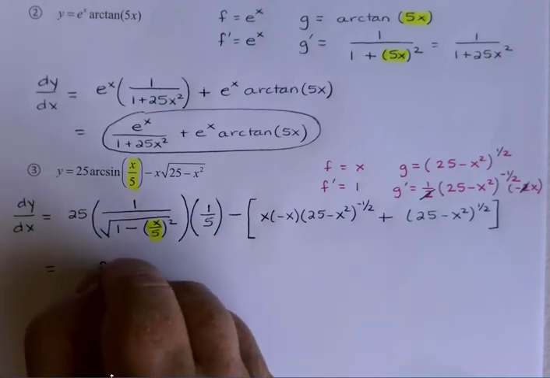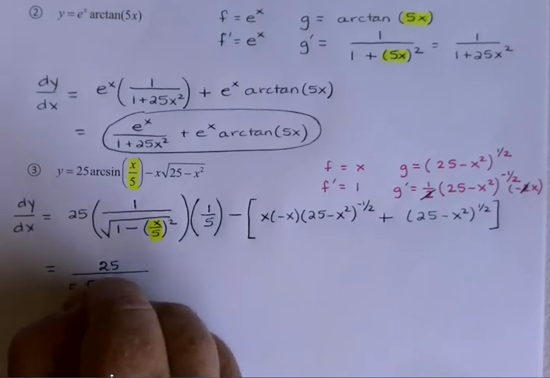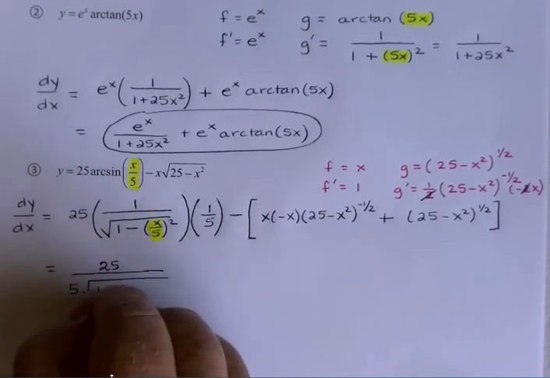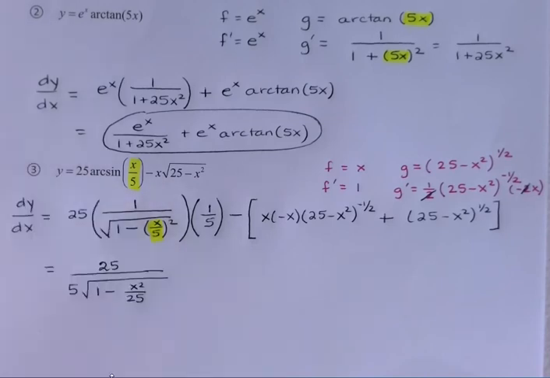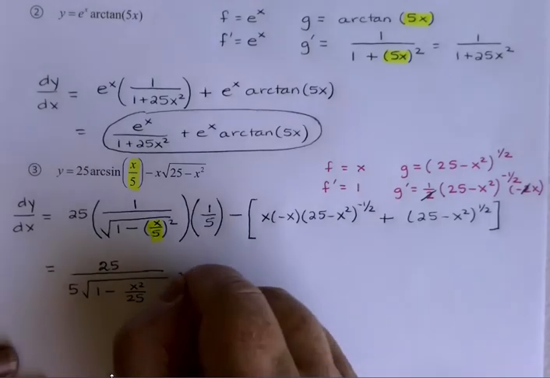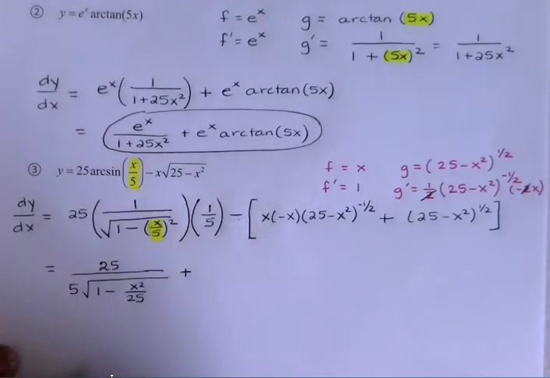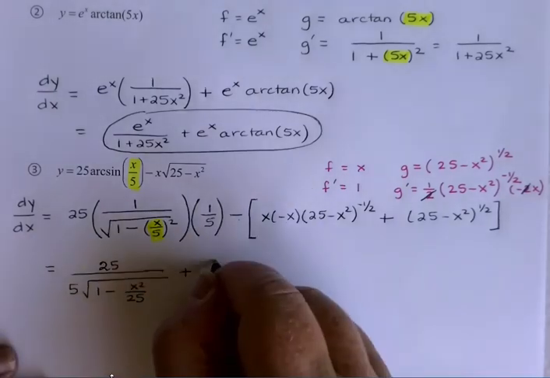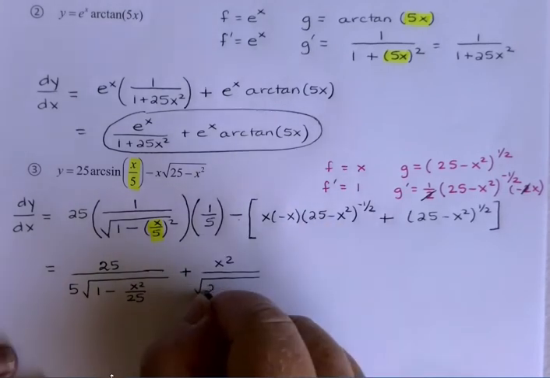Let's just rewrite that first fraction as 25 over 5 times the square root of 1 minus x squared over 25. Actually, that'll be minus a minus, so that'll be a plus. And I'm going to write that as x squared over the square root of 25 minus x squared.